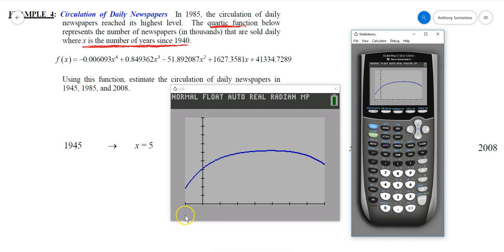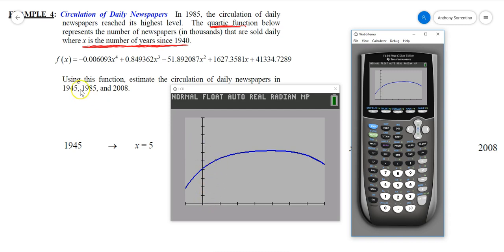And I can also see here, when my X values, which are going by tens down here, when X is about 40, it seems as though that's when I'm going to reach about a maximum as far as the circulation goes. So as I look at this, when X is 5 in 1945, I expected it to be a certain value over that initial 41,000.